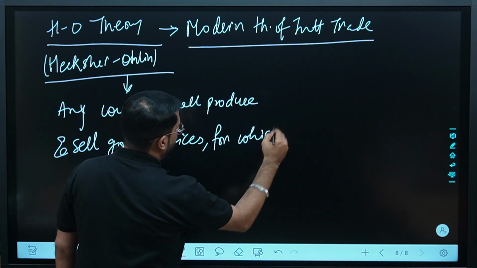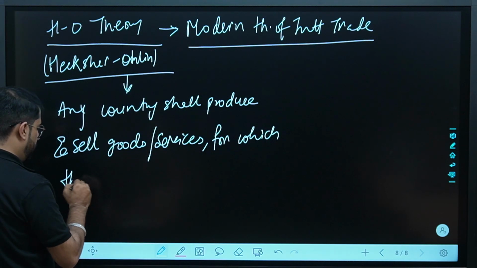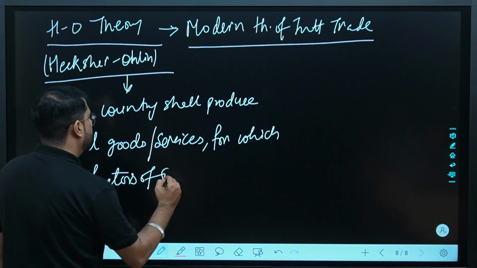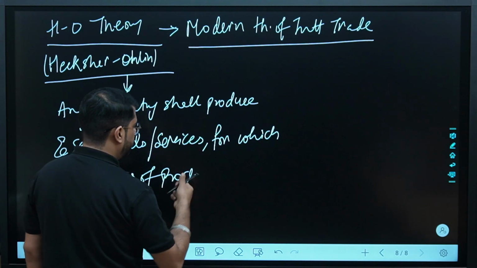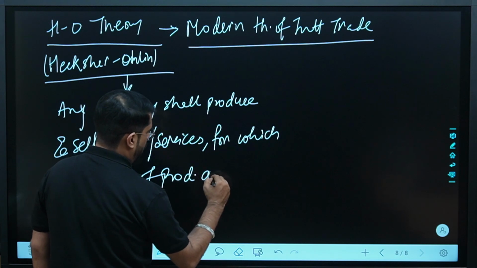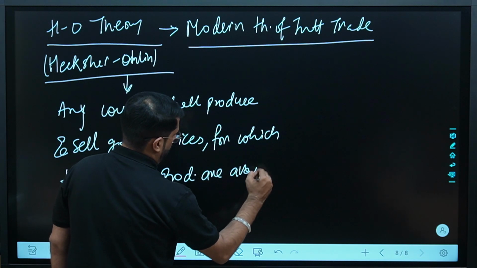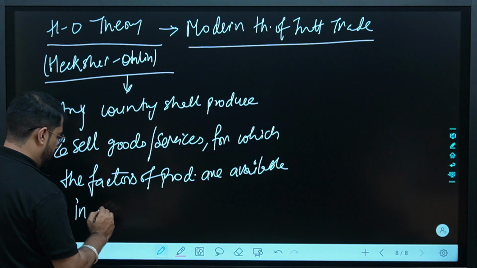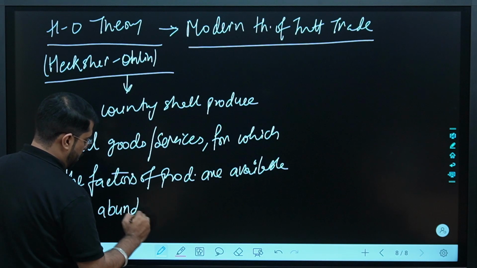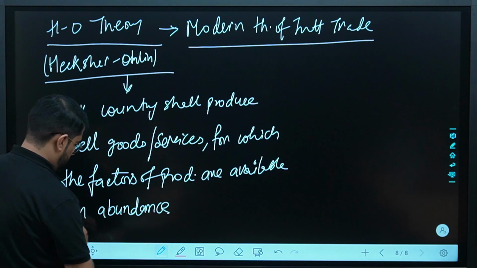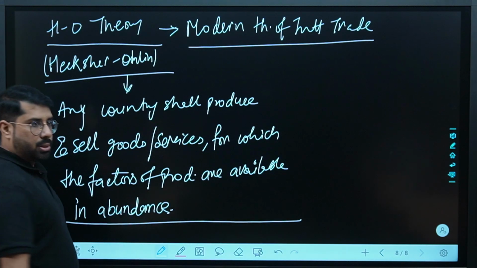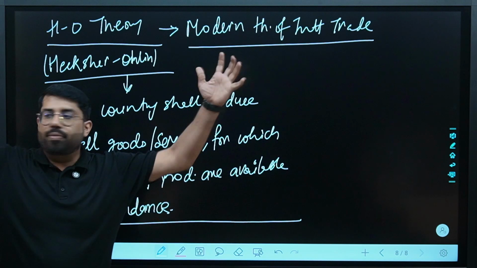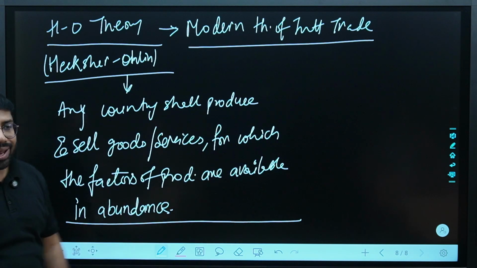for which the factors of production are available in abundance. Abundance means more factors. Sir, why?